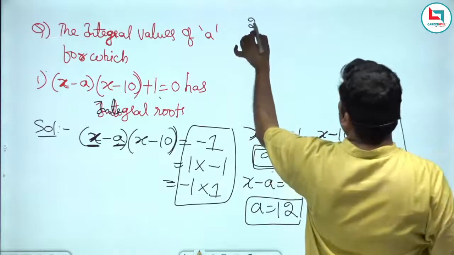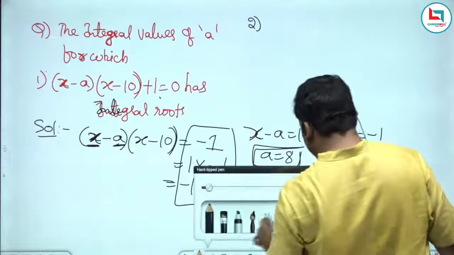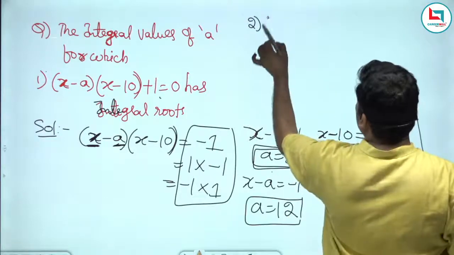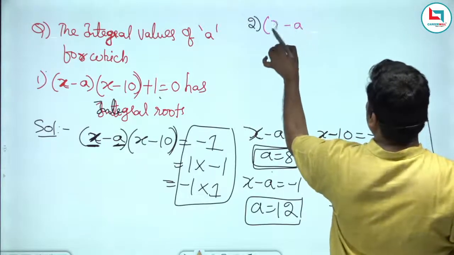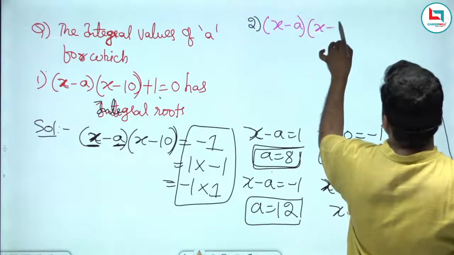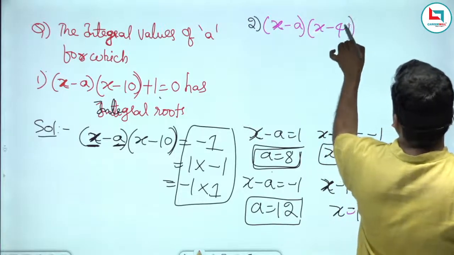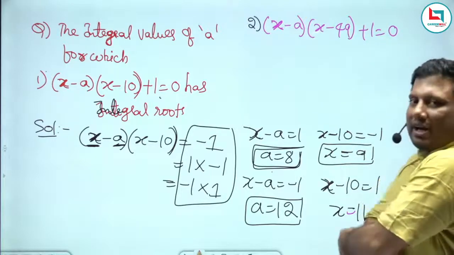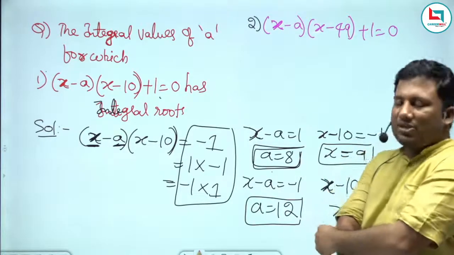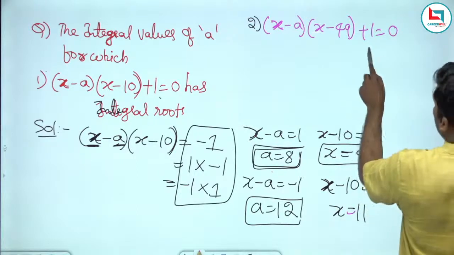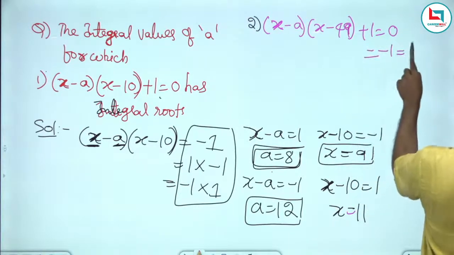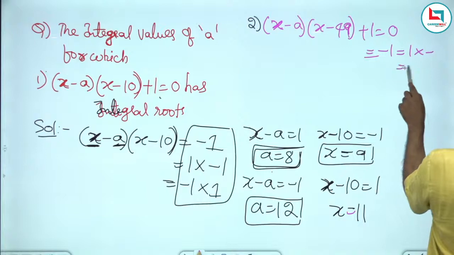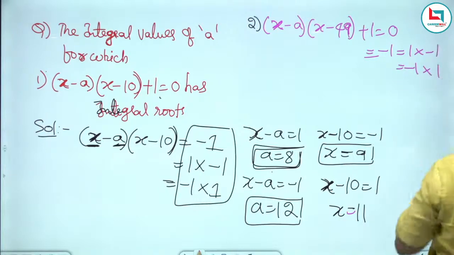Let us do one more similar question. Let me use a different color. x minus A into x minus 49 plus 1 equivalent to 0. Same approach. It is minus 1, 1 into minus 1 or minus 1 into 1.